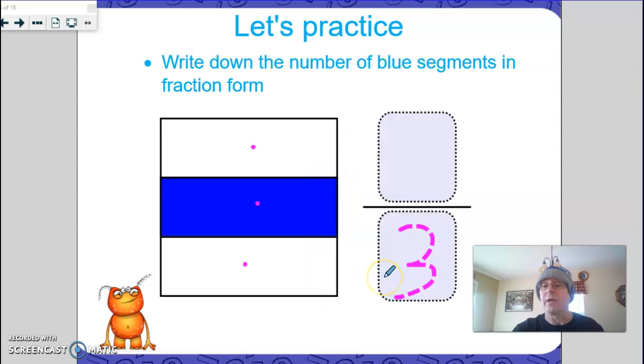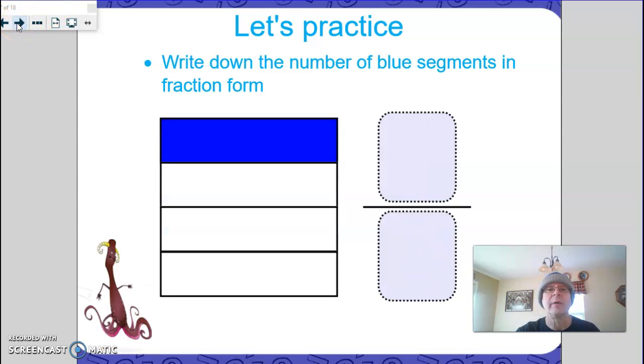My denominator is 3. Now how many blue segments are there? Well, they're equal pieces, but 2 of them are white. 1 of them is blue. So that would be 1/3. That tells us that of the 3 pieces it takes to make our whole thing, only 1 of them is blue, right? That's what fractions are. They're pieces of a whole.